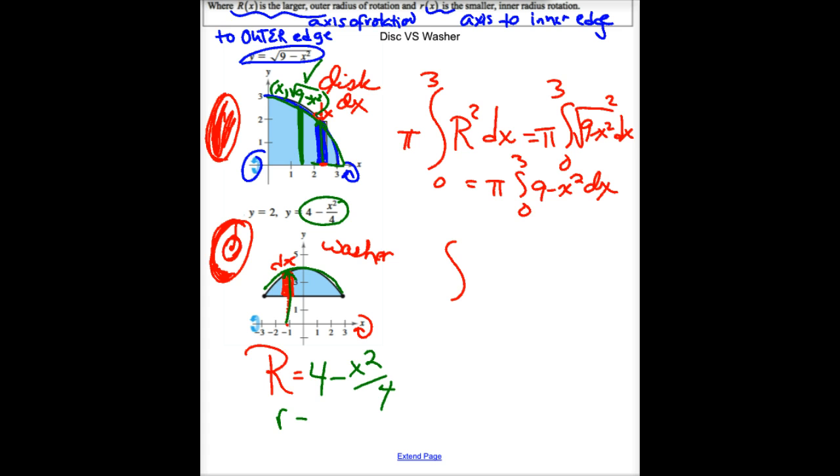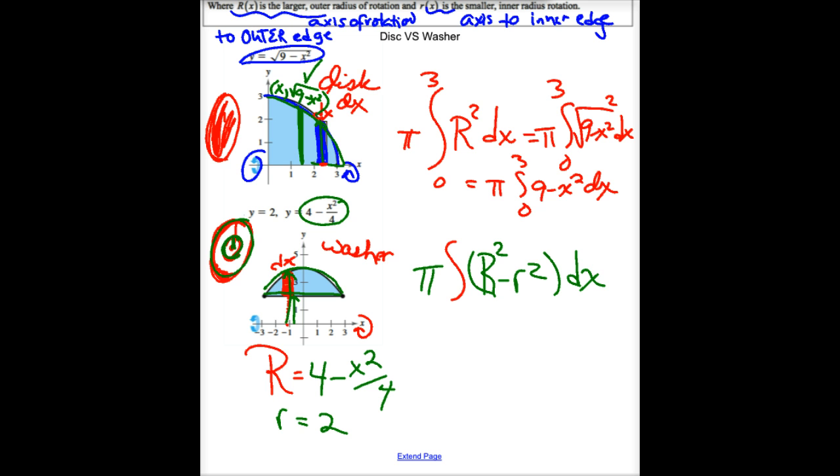Baby r is from the axis of rotation to the inner edge. It's this on your washer. And that is constantly 2 for this. So when I set it up, I say I need to subtract the little cylinder from the big cylinder. So I do pi, big R squared minus little r squared, h.